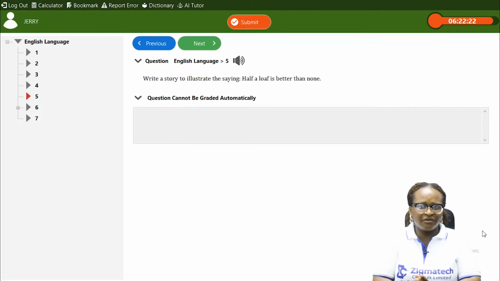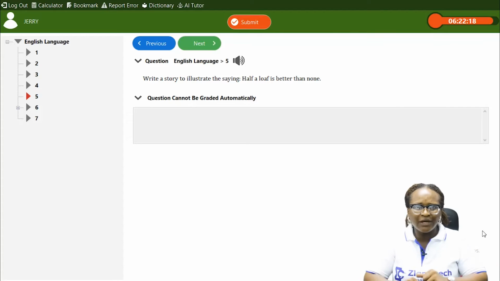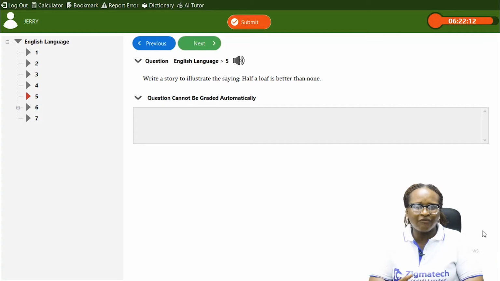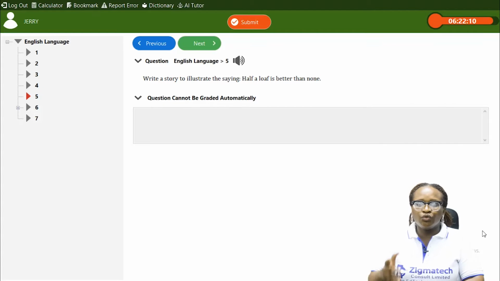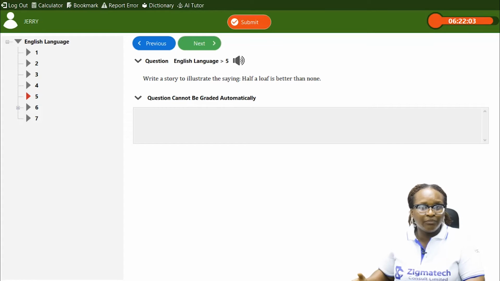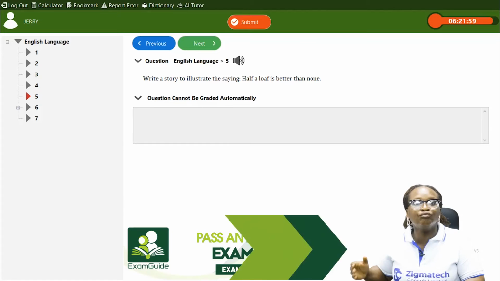Go ahead and write narrative. Show your literary prowess. But if somebody makes use of proverbs or idioms and you get angry, what business do you have writing a narrative essay? So you must understand that narrative essays demand prowess in literary appreciation, prowess in idiomatic expressions, prowess in proverbs.